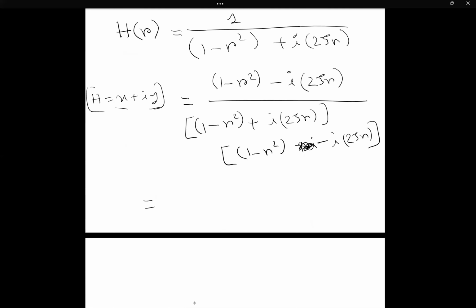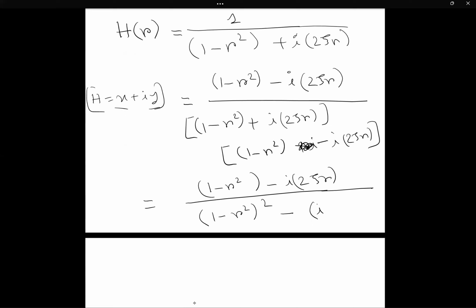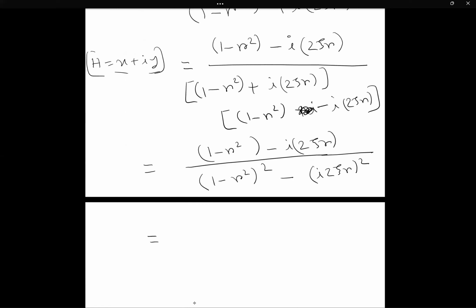Then we will get 1 minus r square minus i2 zeta r in the numerator, and in the denominator 1 minus r square whole square minus i2 zeta r whole square.